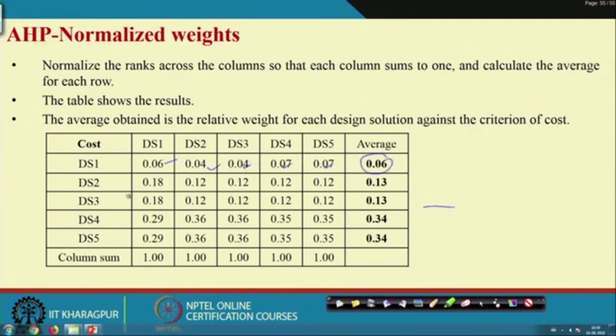This is the row average. Second row average, third row average. So like this. Okay. So that means this is our x, the priority vector of the design alternatives with reference to cost.